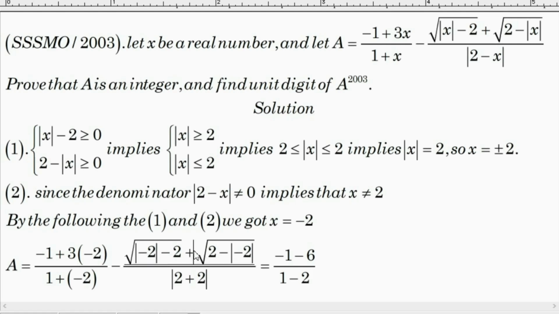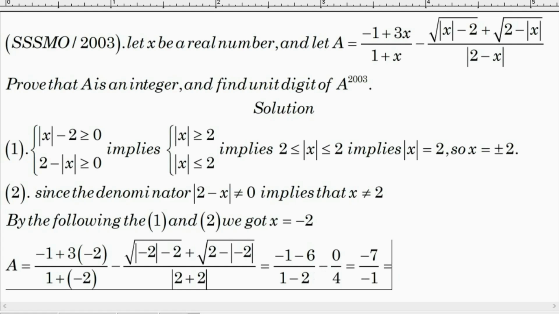So the numerator here is equal to 0. So that will be minus 0 divided by 4. That will be equal to minus 7 divided by minus 1, and then here 0 divided by 4 equal to 0.